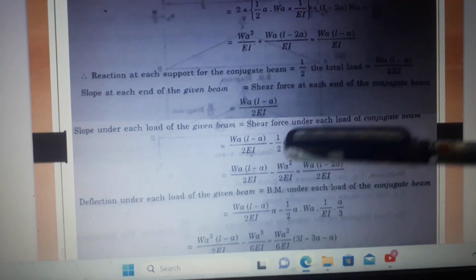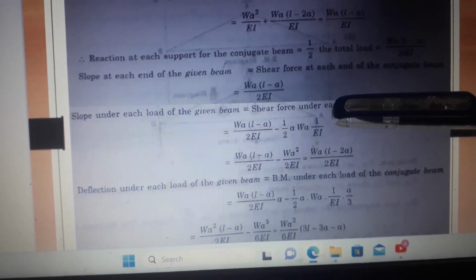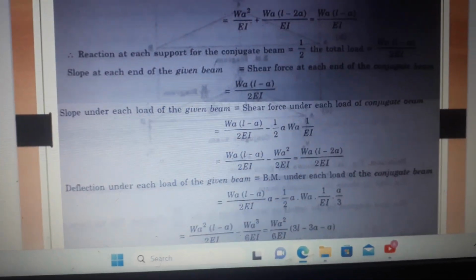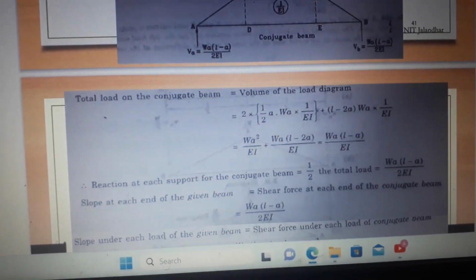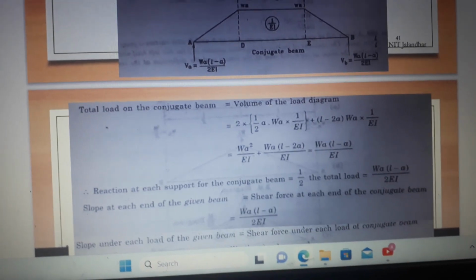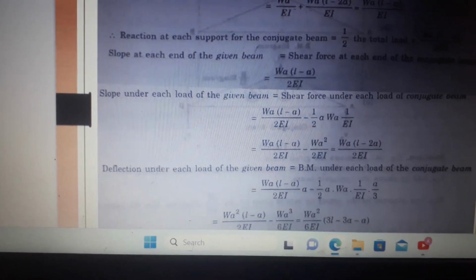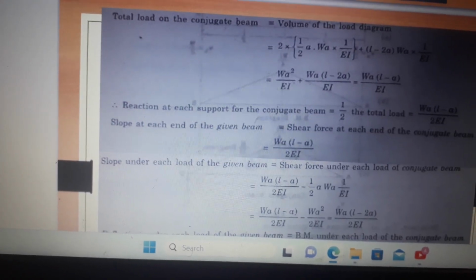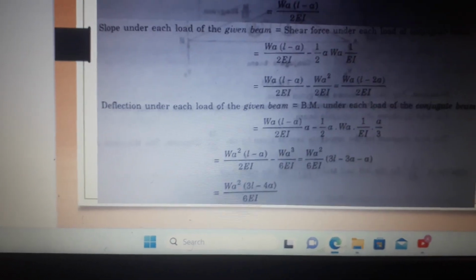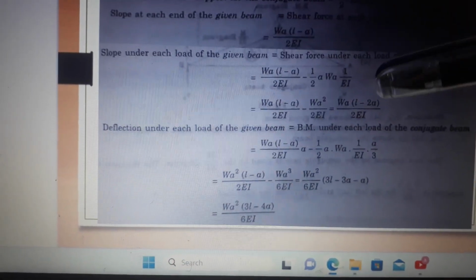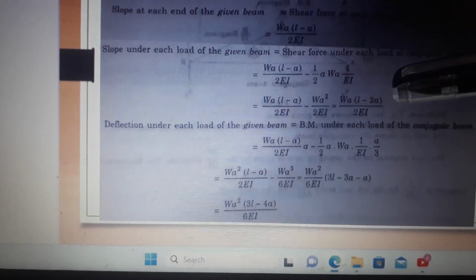Here, WA into (L minus A) by 2EI forms the clockwise direction, whereas half A into WA into 1 by EI forms the anti-clockwise direction. That's why WA into (L minus A) by 2EI minus WA square by 2EI is equal to WA into (L minus 2A) divided by 2EI.